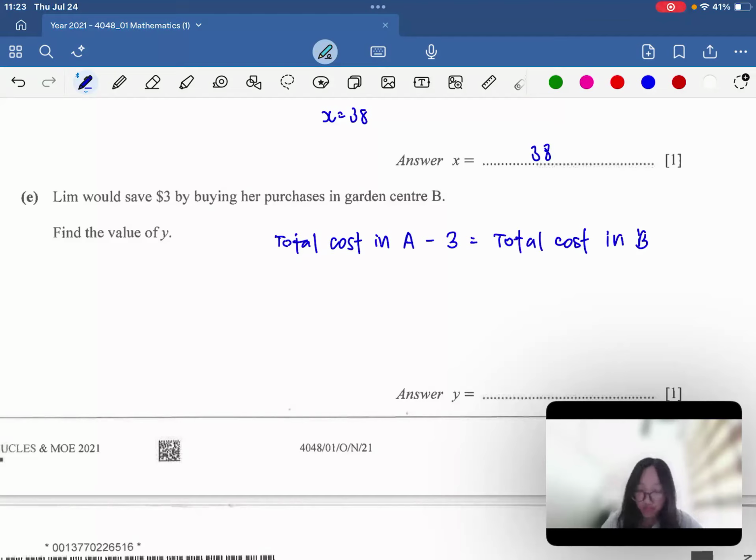Okay, so now what we're going to do is feed the information inside. So 336 plus 68y minus 3 is equal to, basically I'm just subbing in all the numbers that we have found above, 117 plus 65y. So now we're going to simplify this.